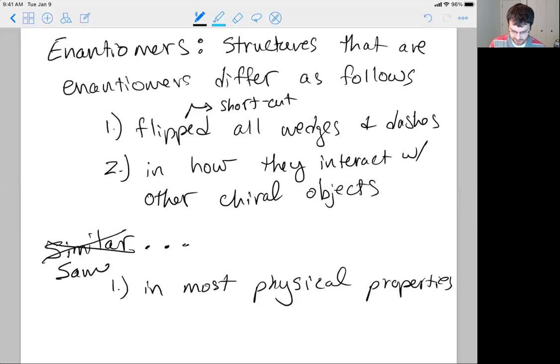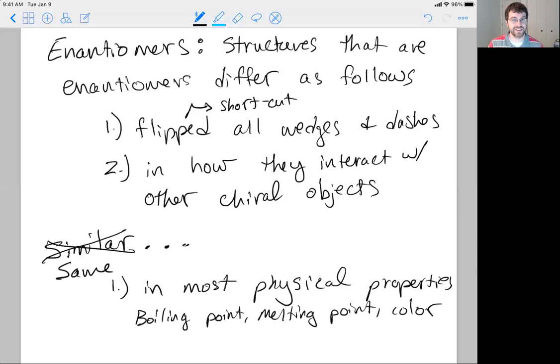When I say similar, I mean the same in most physical properties. If you took their boiling point, melting point, color, if you think of most physical properties, they're the same.